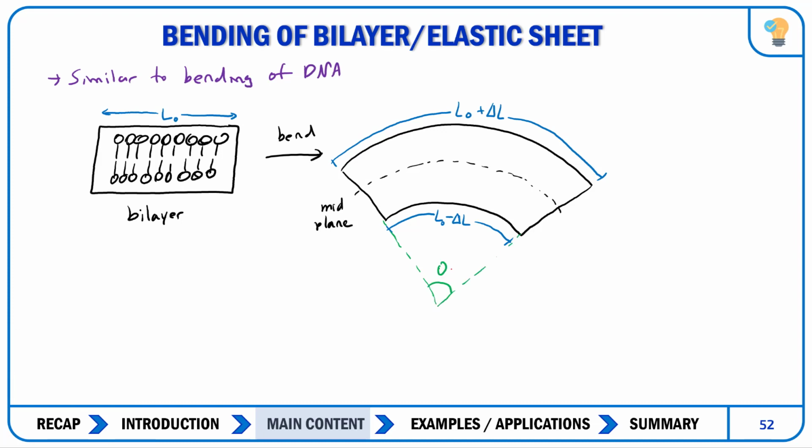This can be labeled as theta. This would be R, and this would be D0. So when we're bending the bilayer or the elastic sheet, we can use the exact same analysis from DNA and apply it here. I won't go through that again because the math is pretty much the same. You can also get the bending modulus of this, similar to how we did it for DNA.